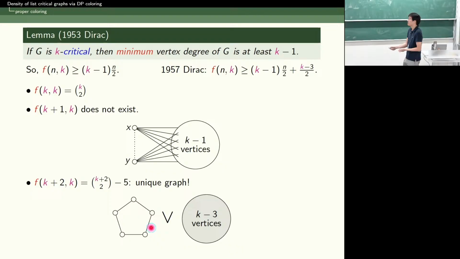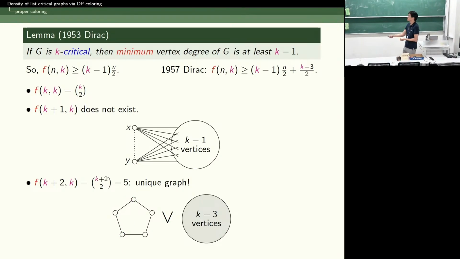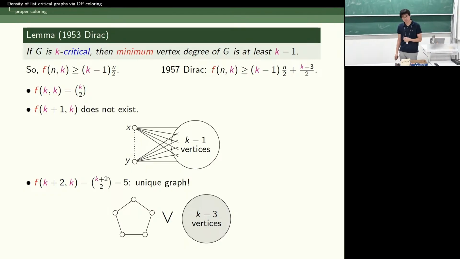And then I have all edges possible between the two blocks. But if you look at it as a whole, you're just missing the edges in the complement of this five-cycle, which is a five-cycle. Okay? And if you count the number of edges, you get k plus 2 choose 2 minus 5. So there's actually a unique k-critical graph on k plus 2 vertices.